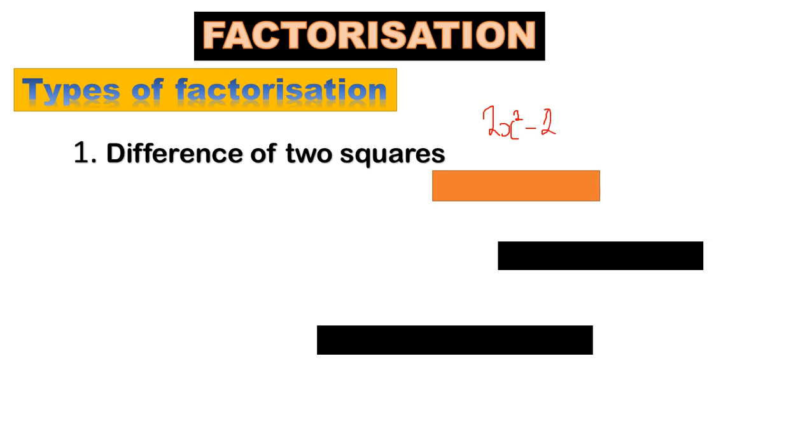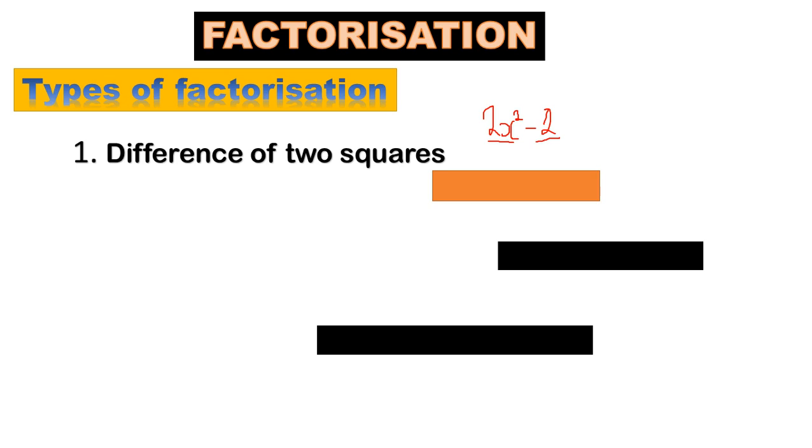Just an example like that one. If you see your expression has two terms, 2x squared is the first term, then the negative 2 is the second term. So if you look at this expression, what should come to your mind is that this is a difference of two squares. Before we go into problems, first of all we need to identify.